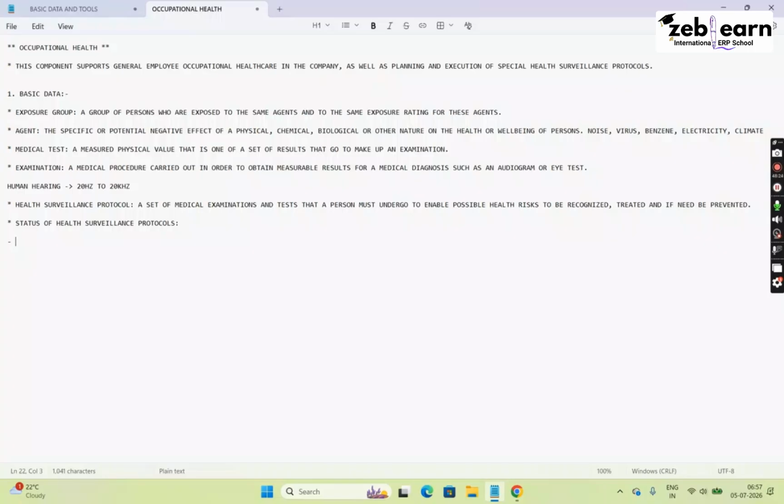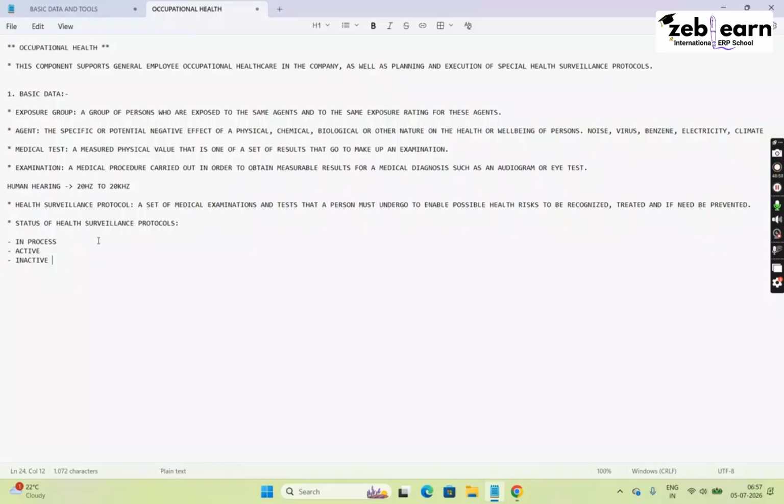See, there are three status for a health surveillance protocol. What are they? First one is called in process. Second status is active, and third status is inactive. Every health surveillance protocol or every medical checkup will have either in process status, active status, or inactive status.